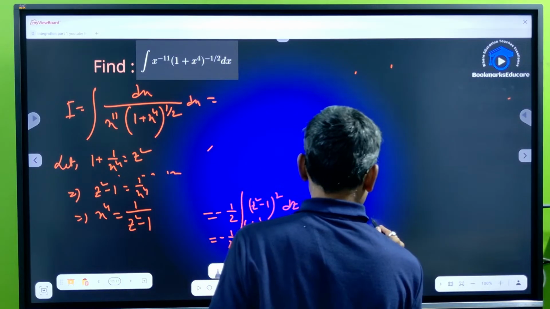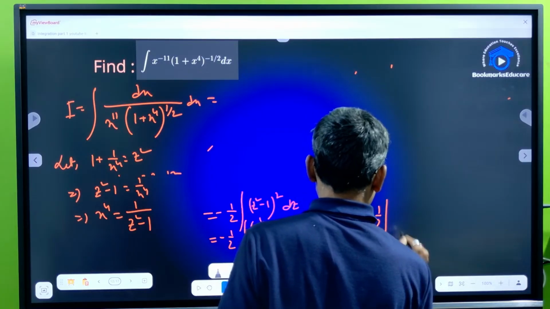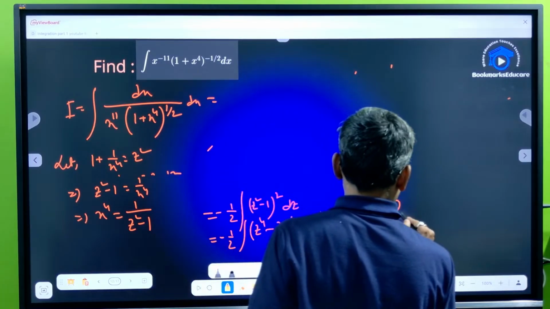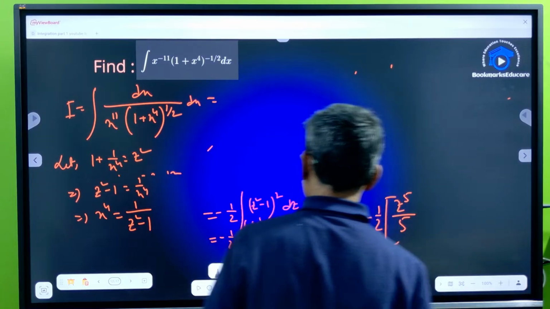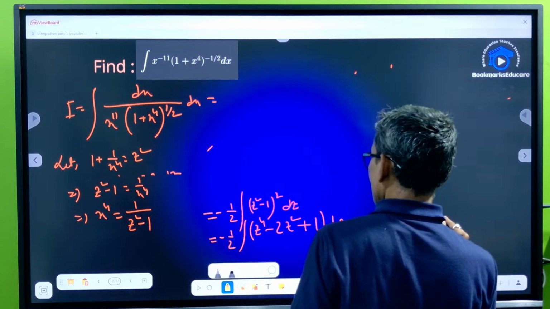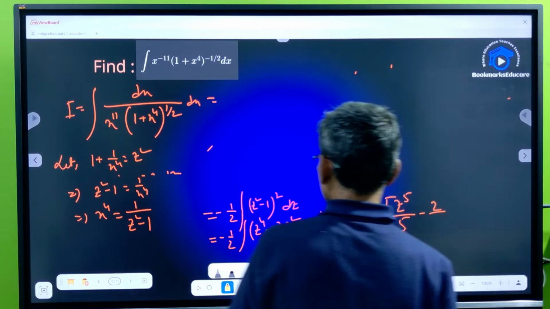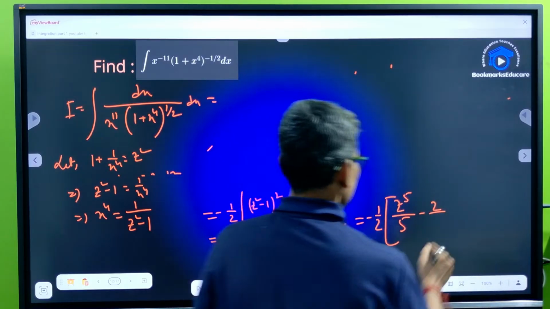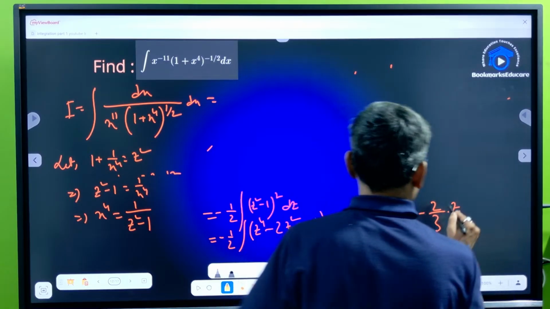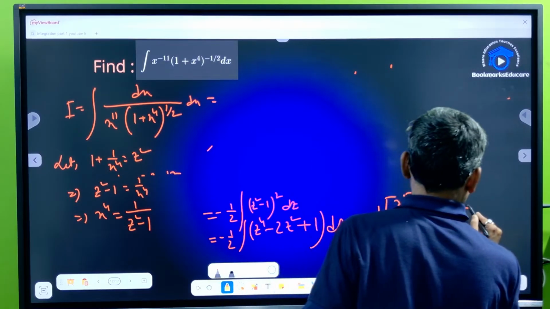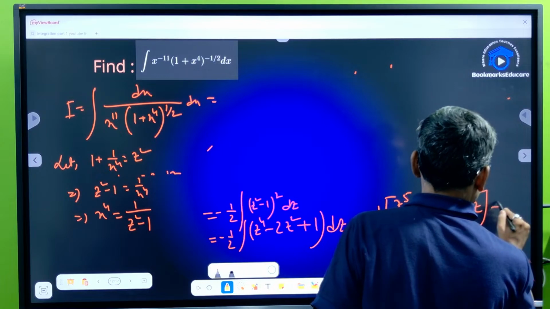So it is equal to minus half z to the power 5 by 5 minus 2z cube by 3 plus z plus c.